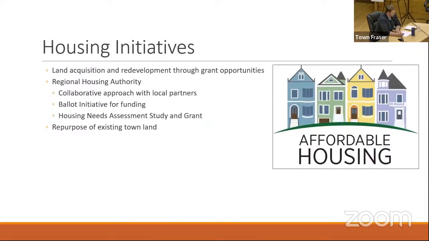So for housing initiatives that I'm working on, I've been working a lot on some different land acquisition options. Last week we got the town board of trustees to approve an offer that was made by town manager Ed Cannon for a piece of land, and we are hoping that we can close on that contract and then pursue some really excellent grant opportunities to help acquire that land.